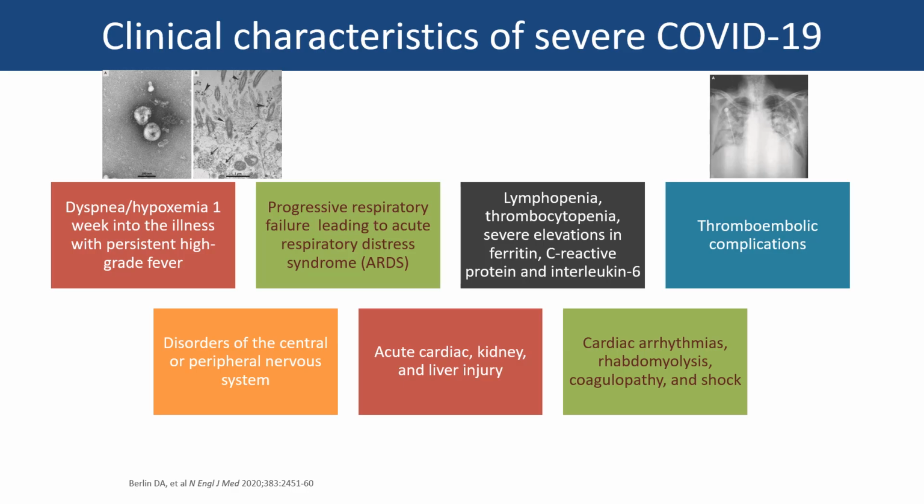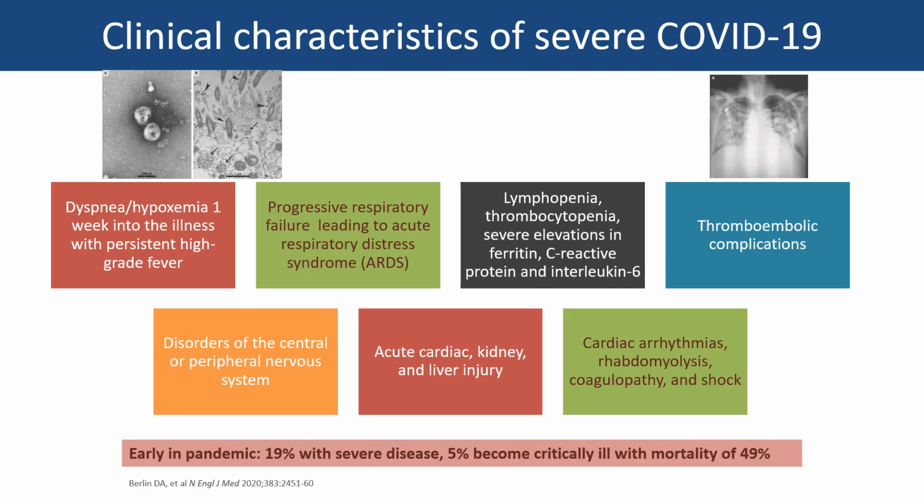Severe cases also suffer from thromboembolic complications due to microvascular injury, along with central and peripheral nervous system manifestations. Other organs can also be affected, including the heart, liver, and kidneys. And in some patients, shock and disseminated intravascular coagulation develop, leading to death.